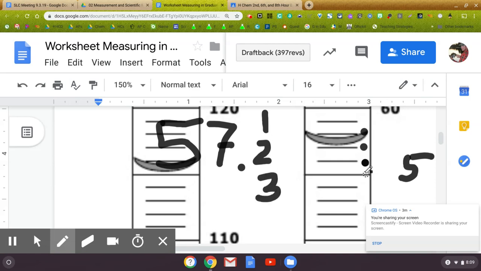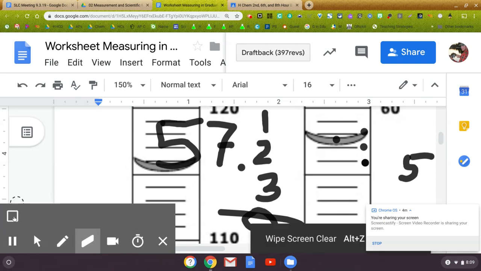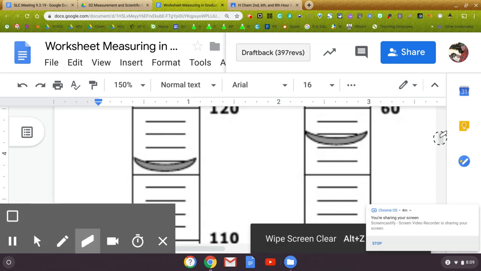Much past that, it doesn't make sense because I'm looking right here, and right in the middle here is 57.5, and I can tell it's definitely below the 57.5. So that's how I'm getting these numbers. I can also tell that there's a little space between the bottom of the meniscus and the 57 line, so I can't say it's 57.0. That would be a bad answer. That's definitely not that because it's not right square on that line. So that's one example. This could be a 100 milliliter cylinder. That's probably what we're looking at here.